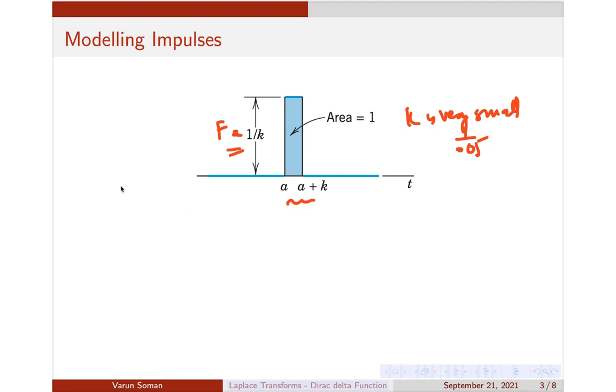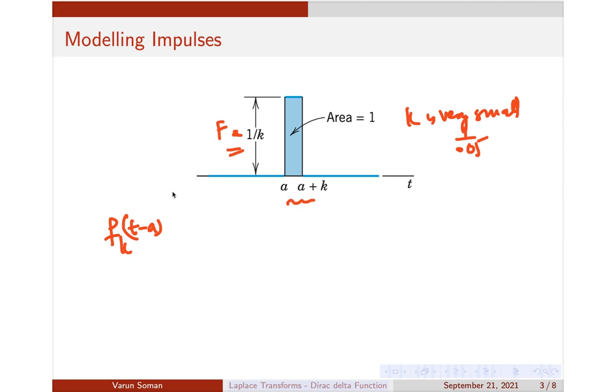I am going to write a standard notation for this type of function: f_k(t minus a). The t minus a, as in the unit step function, is used to show that this function starts from the point t equals a, and the k denotes the length of the interval.